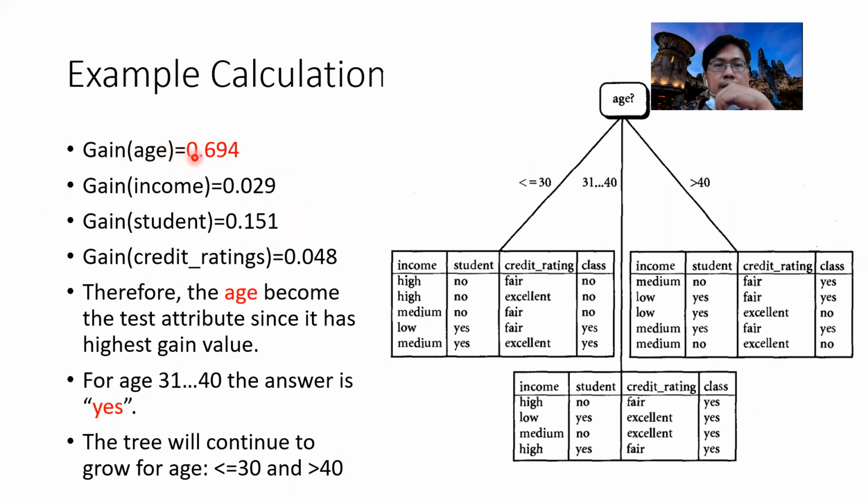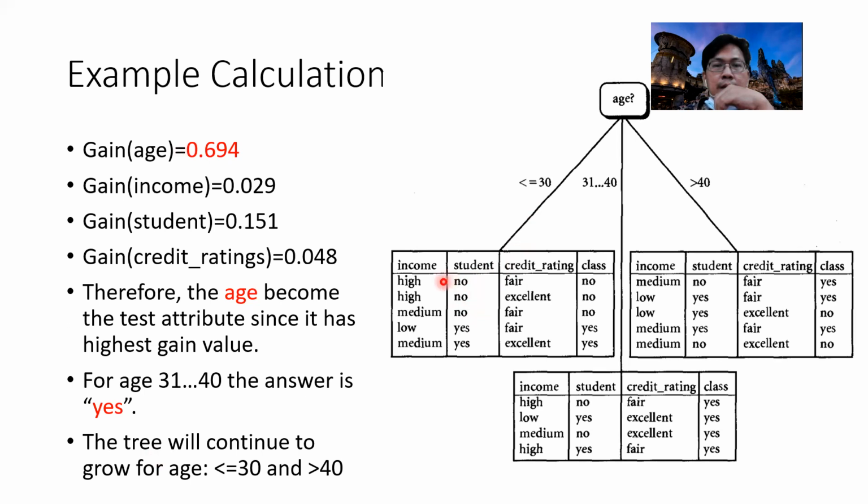In the tree, the age becomes the first test attribute, or the root in this tree. There are three classes for the age: under 30, 31 to 40, and more than 40 years. We then generate for each branch the new data outside the age.